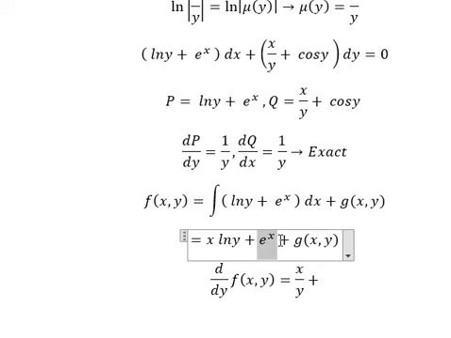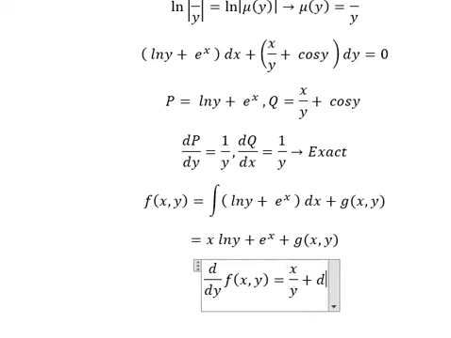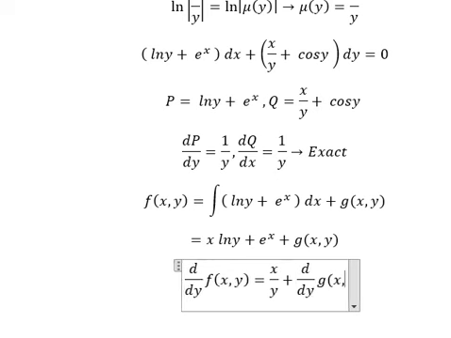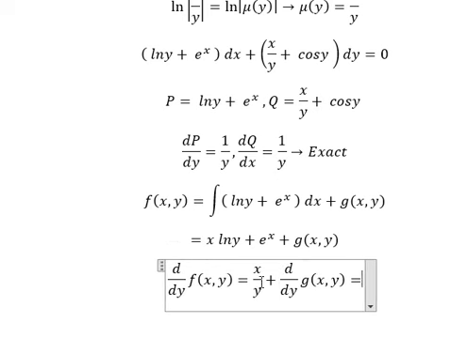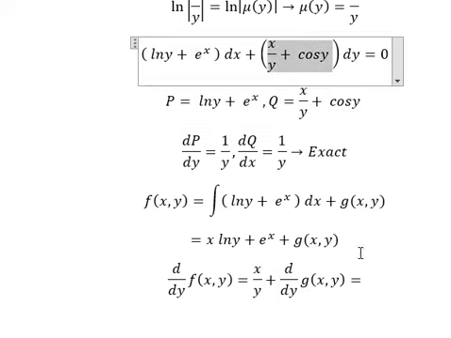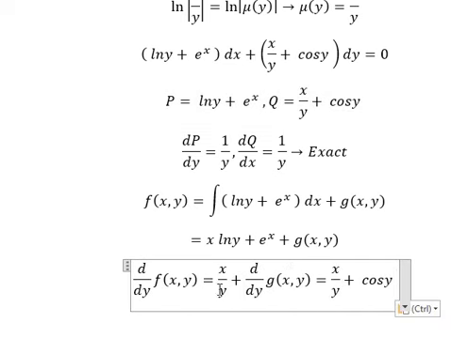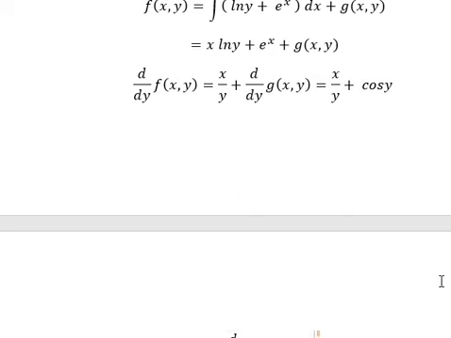This one we don't have y, so you got number 0. So this one equals to this one. Now we need to simplify for both sides, and we have cosine y.